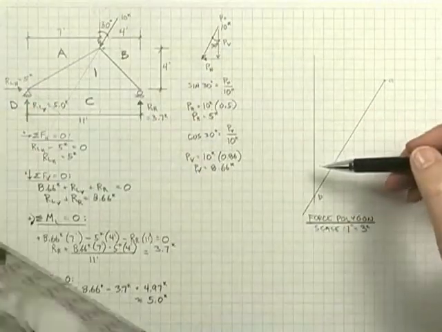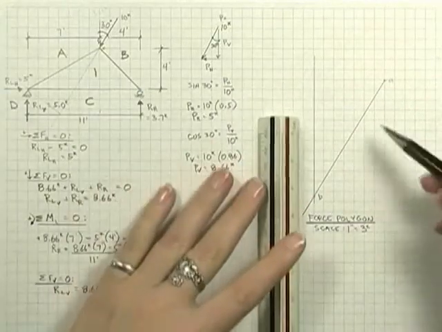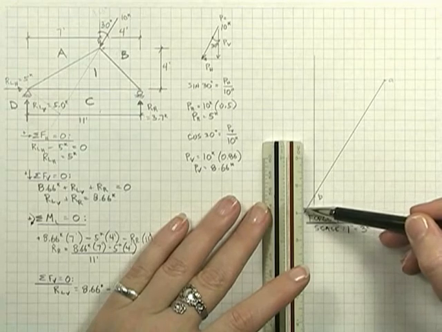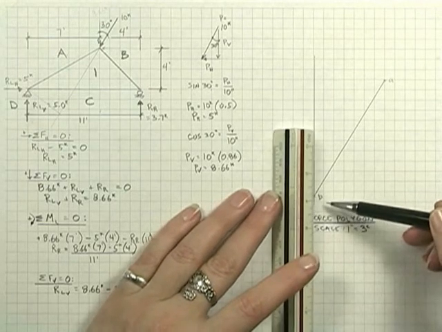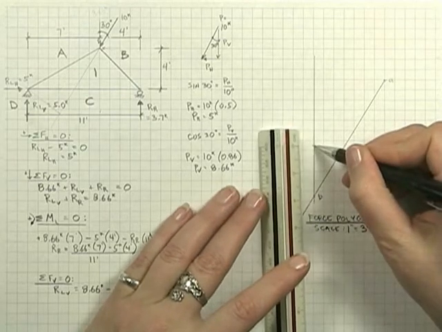So point C is located at distance 3.7 kips. So we go 2, 3, 3.5, 3.6, 3.7. Right here.